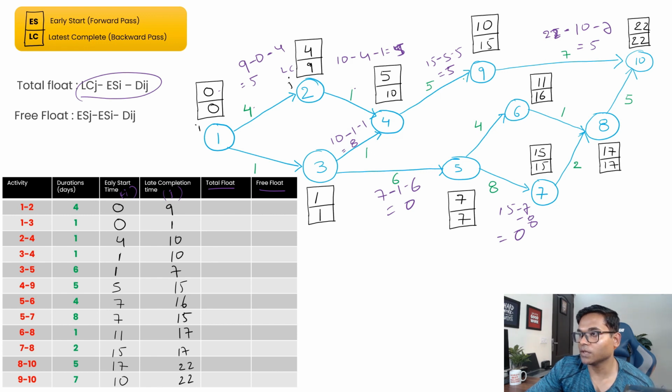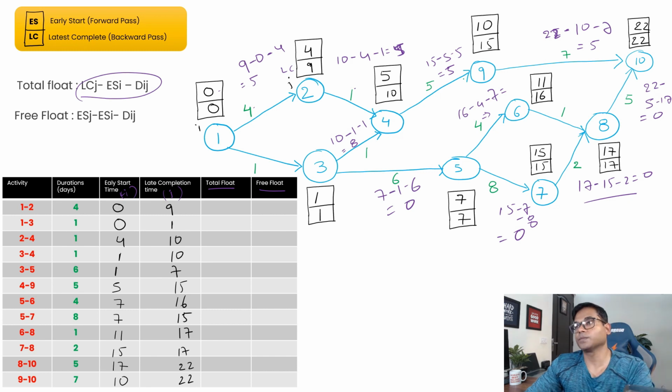For this one also, 17 minus 15 minus 2, that is also 0. And then for this one 22 minus 5 minus 17, which equals 0. And for this activity, 16 minus 4 minus 7, so that will be 5, okay?